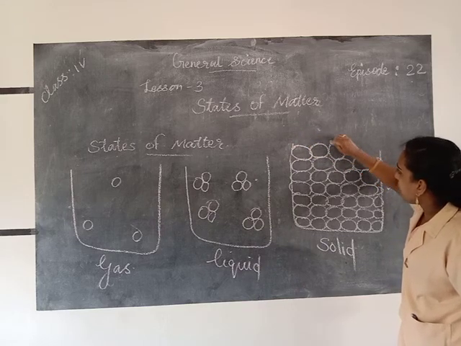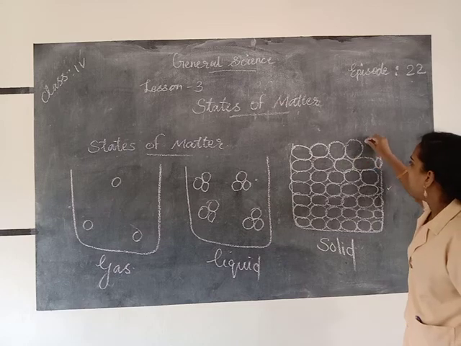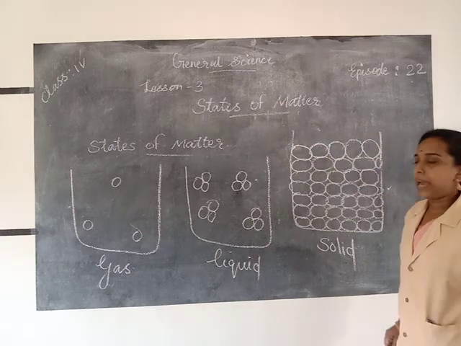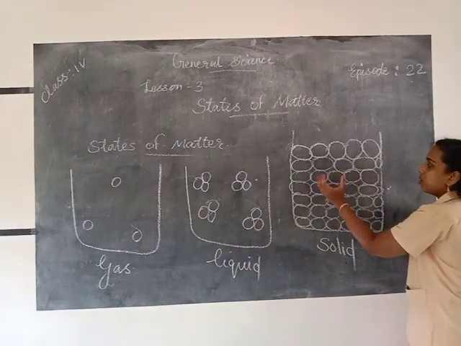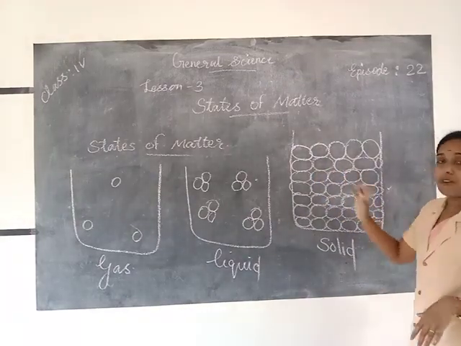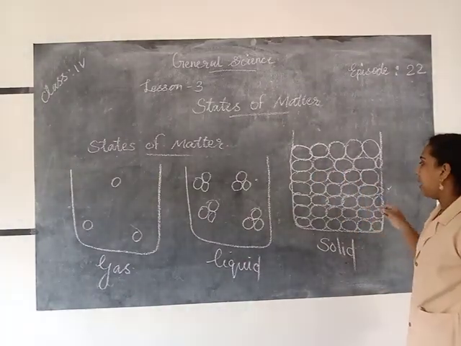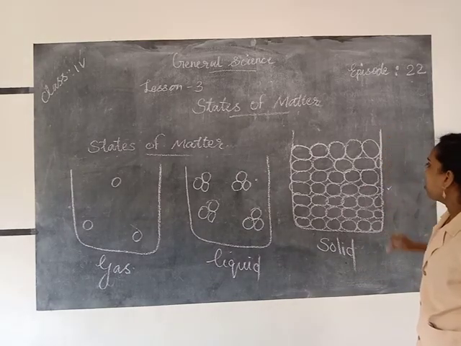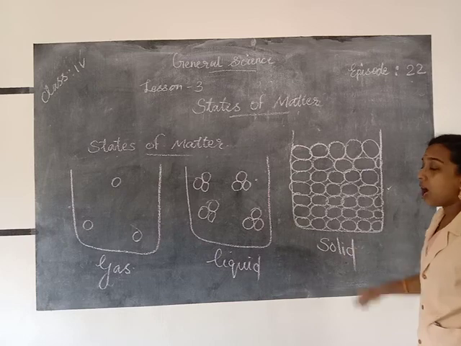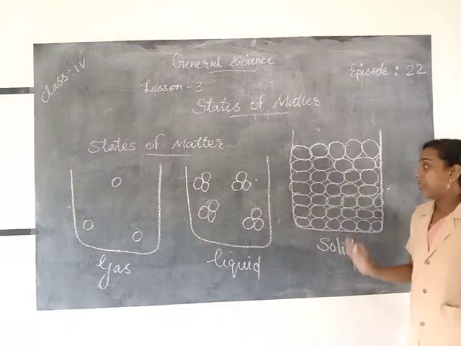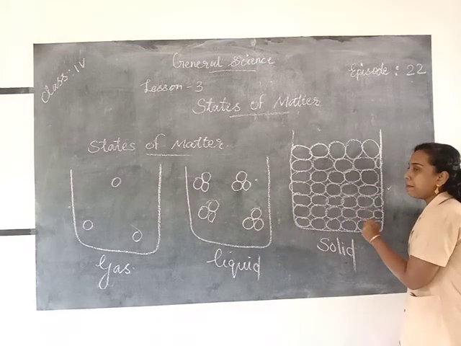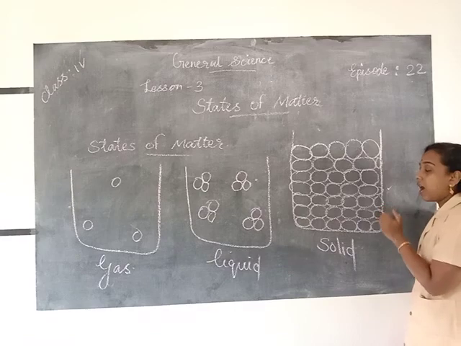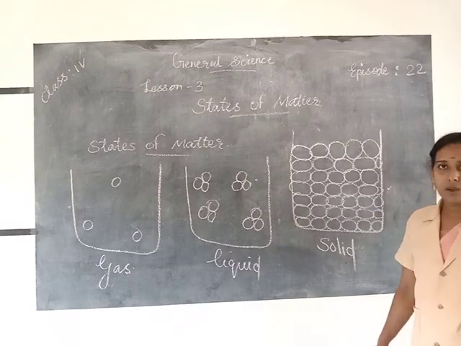There is no space between the molecules, so they attract each other and the attractive force is higher. The particles are closely packed and so they have definite shape and definite volume.